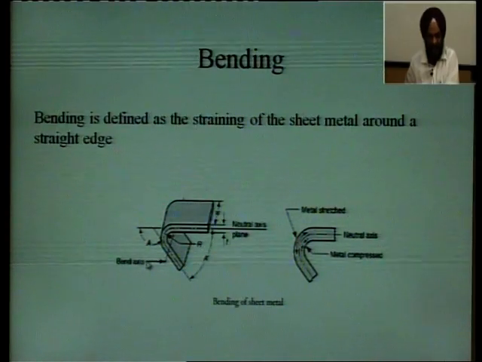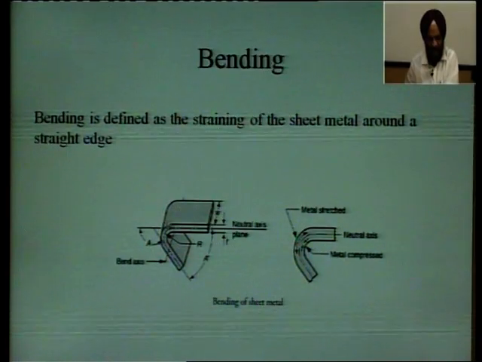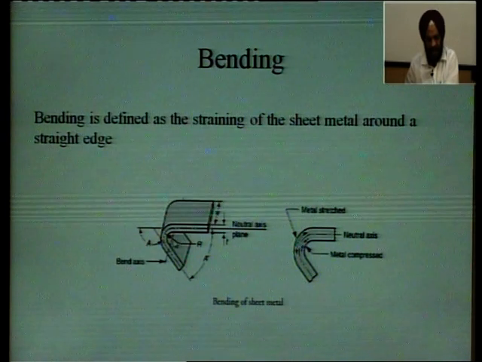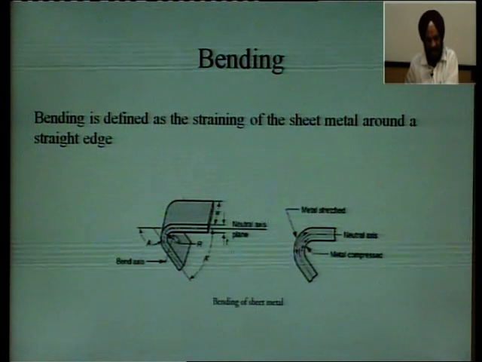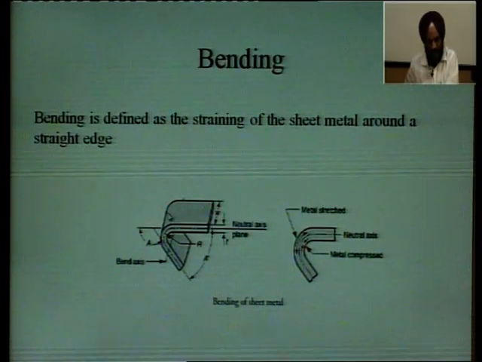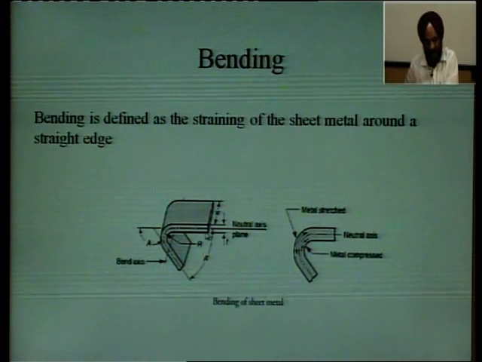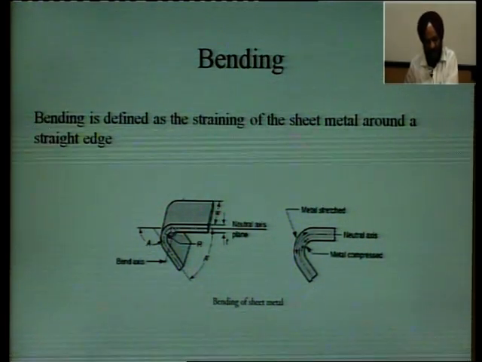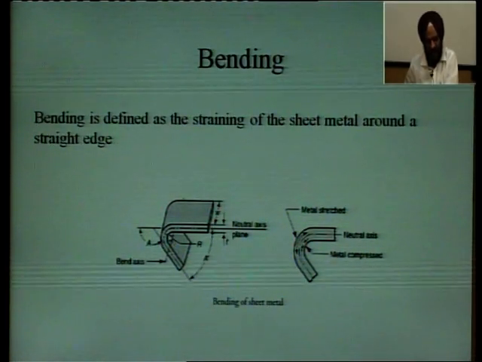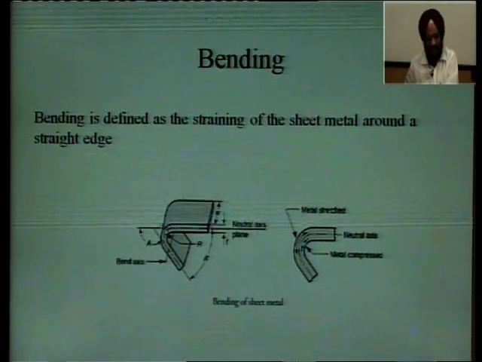In the bending operation, the outer side is stretched, whereas this side is compressed, because compressive forces will come on this and tensile forces will come on this part, and this line is called the neutral axis, where there will be no stresses. On the inner side there are compressive stresses, and on the outer side there are tensile stresses.